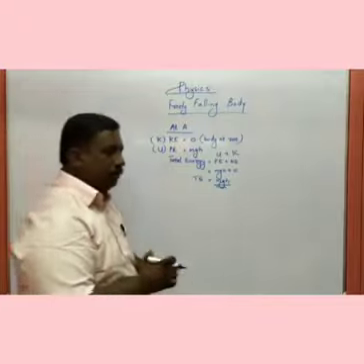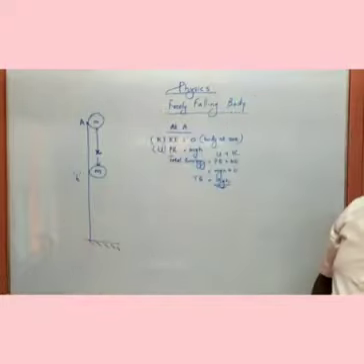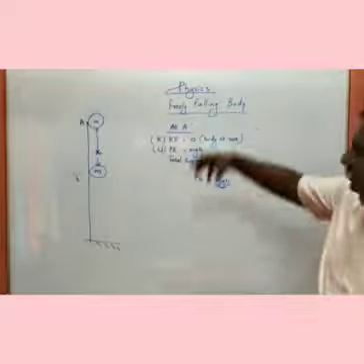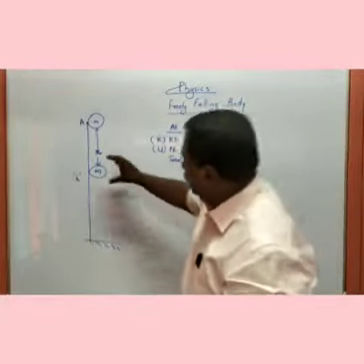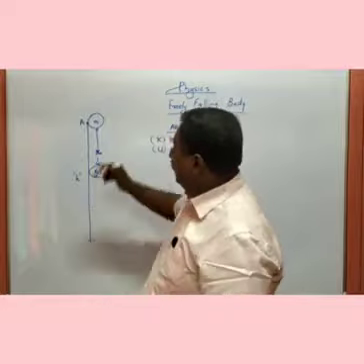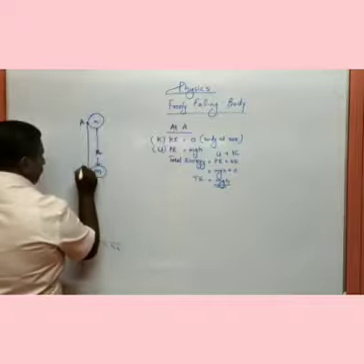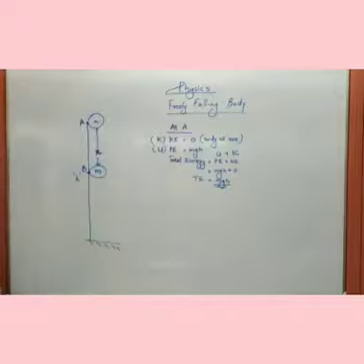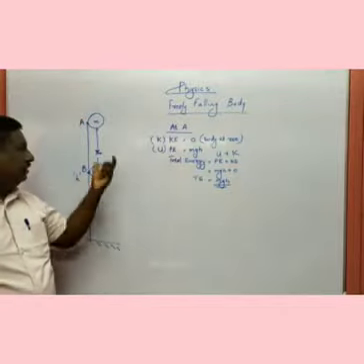Can you follow me? The body starts to fall from the point number A towards the ground, and it reaches a point. We are taking a point, suppose consider that point is capital letter B. Then the distance between A and B is x.